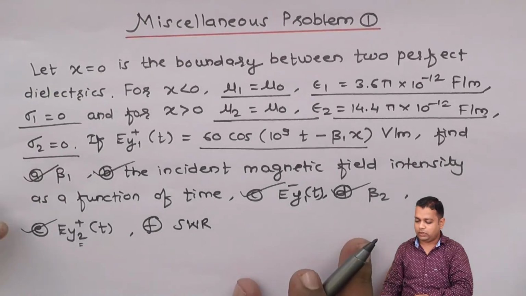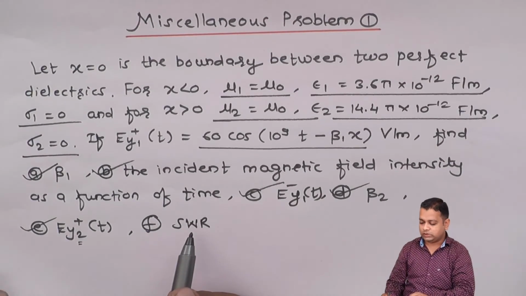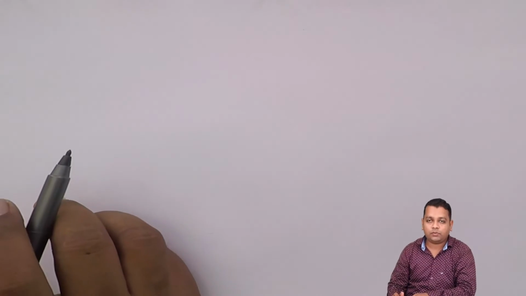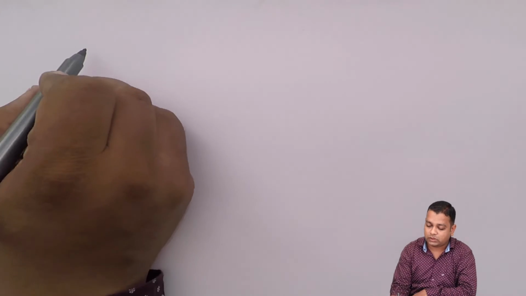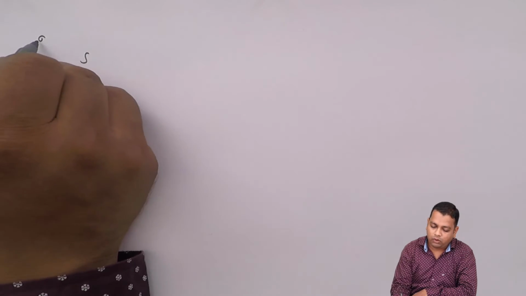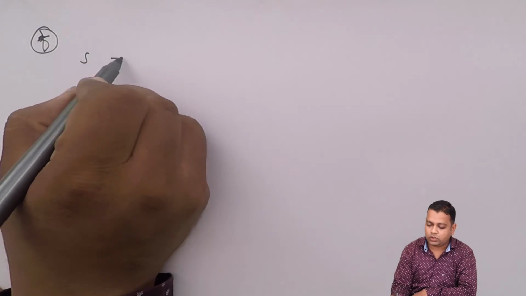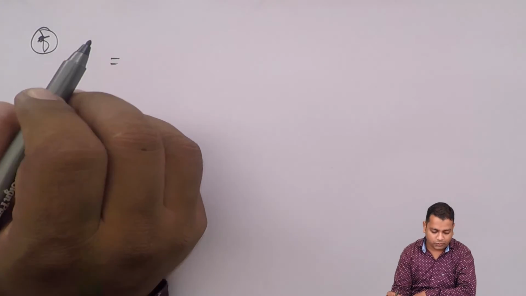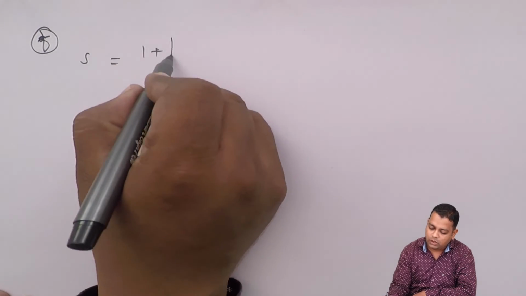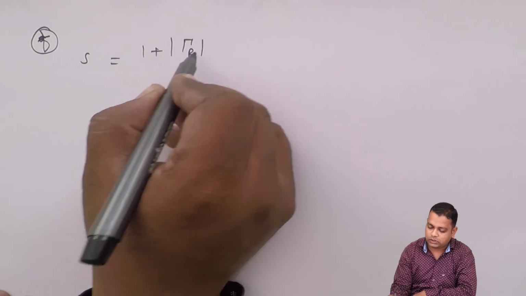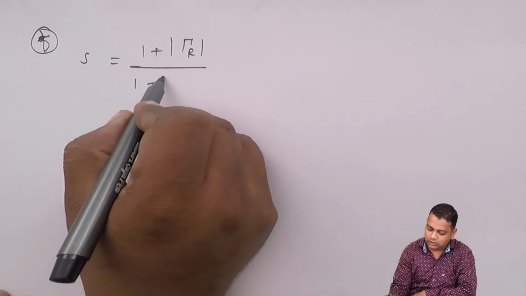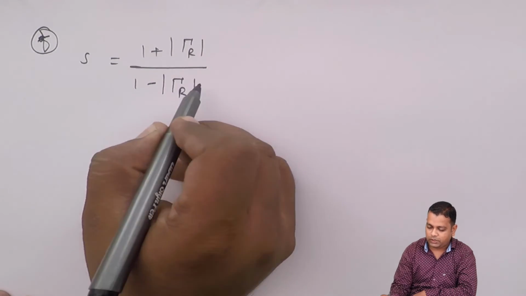And finally, we require SWR. SWR means the standing wave ratio. Now here we have the reflection coefficient as well as the transmission coefficient. We know the formula for determination of the standing wave ratio in terms of the reflection coefficient: 1 plus the magnitude of the reflection coefficient divided by 1 minus the magnitude of the reflection coefficient.